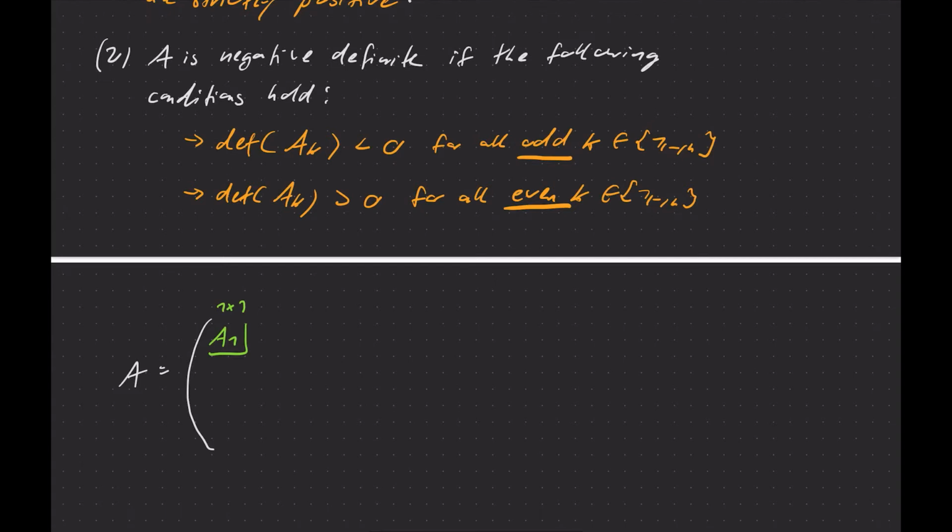Then we'd include the next column and the next row. So this is a 2 by 2 matrix, that would be A_2, and so on. So we move on in this way until we get to the full matrix. So once we have all columns and all rows, that's the leading principal minor A_n. Okay, and A_n is then an n by n matrix. That's the full matrix A.